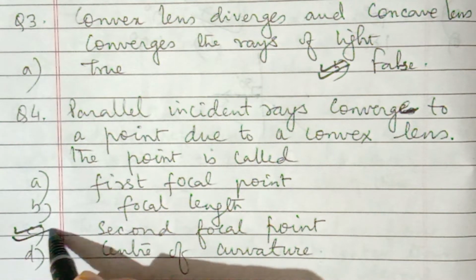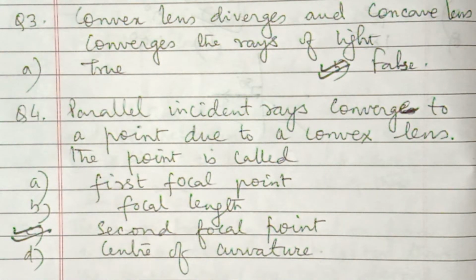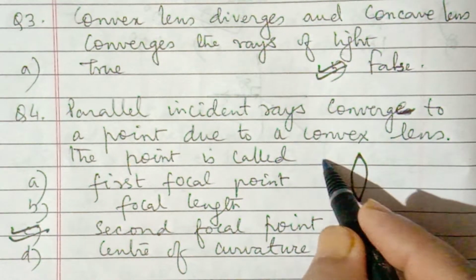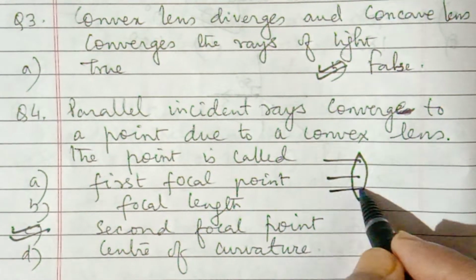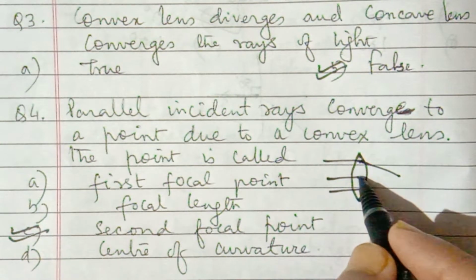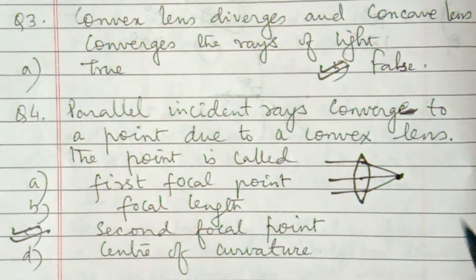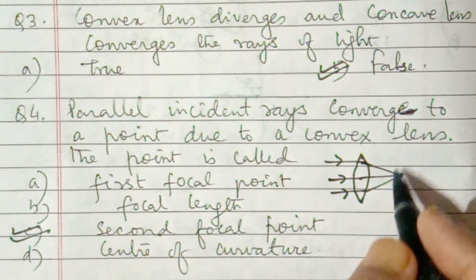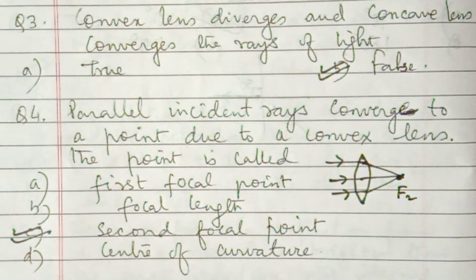So this option is correct. Always remember, for second focus incident rays are parallel, and this is a converging lens, so all will converge to a point that is called focus, and this is taken as second focus.